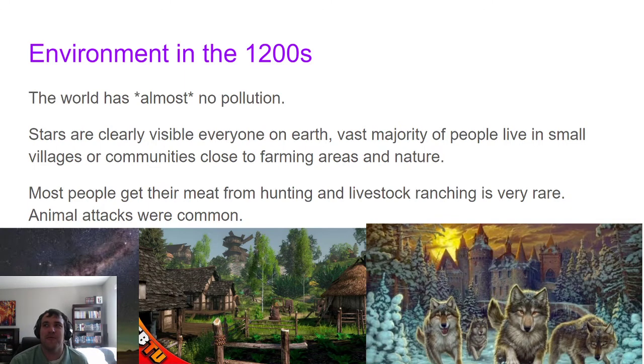I know one person who hunts in the year 2020. It's just not common anymore because you just go to Walmart and buy your meat there. But yeah, the environment will get progressively worse as human society goes on for the next 820 years. So that's definitely another big theme to notice over the course of this course.